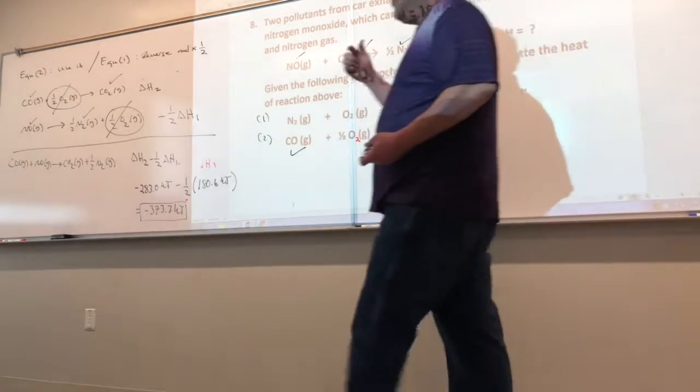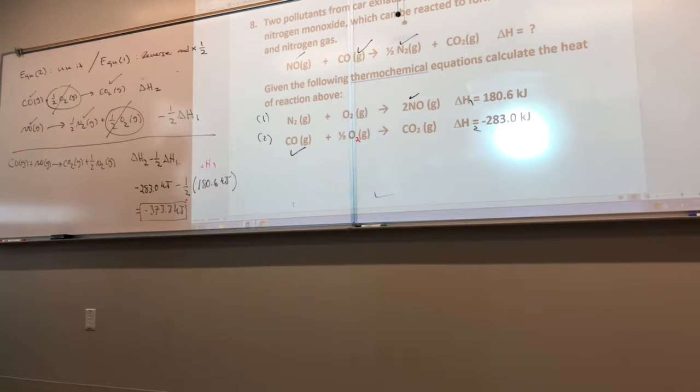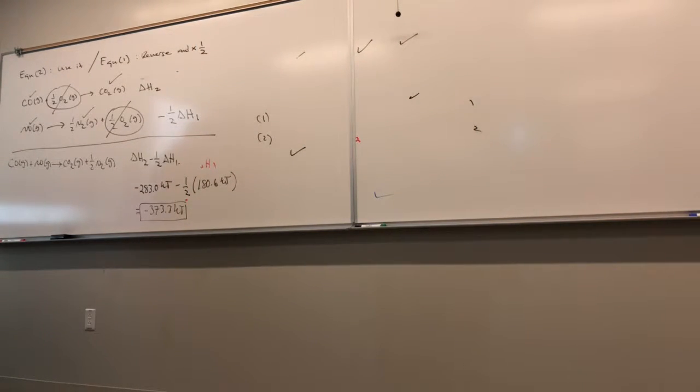Okay, now the third question is related to this, but it's a little more complicated, and I want to introduce an idea with you. So, have we talked about the tables in the back of the book at all? Did I mention anything about those yet?